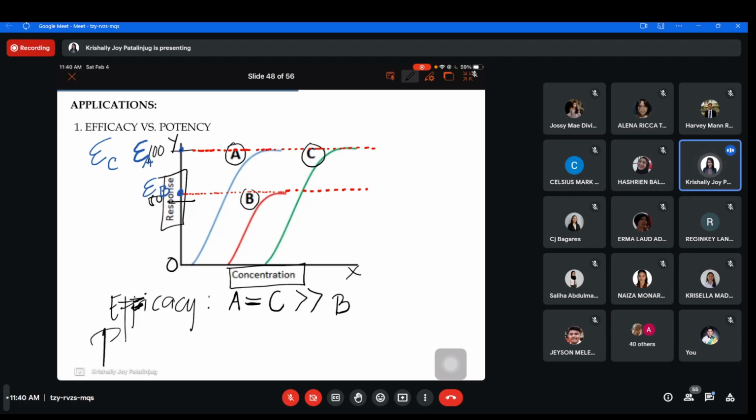Paano naman kapag you're asked what would be the order of potency? Sino dyan yung more potent? Okay? Sino naman ang least potent?